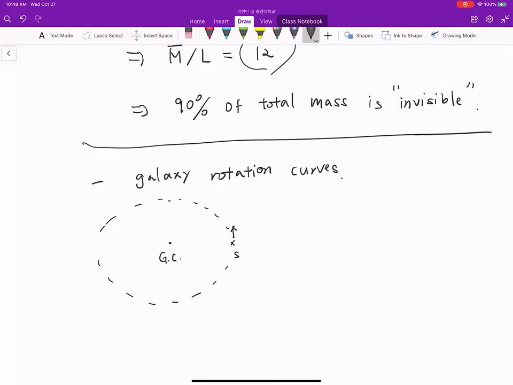For instance, Vera Rubin is famous for this one, a female astrophysicist, in 1970.